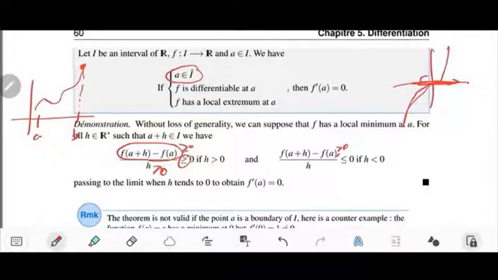But if H is negative, then the ratio will be negative. So if you go to the limit, you will obtain that f prime of A is equal to 0, because you will have f prime of A on both sides, but one is positive and the other one is negative, and they should be equal. That's why f prime of A will be equal to 0.